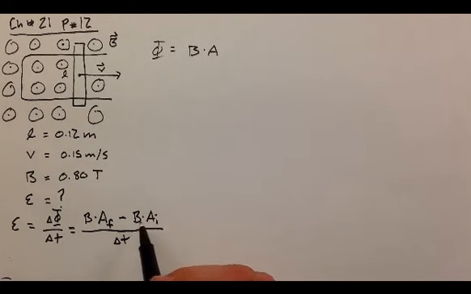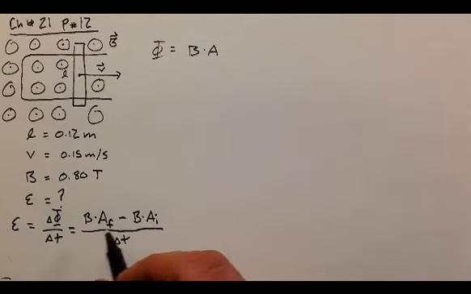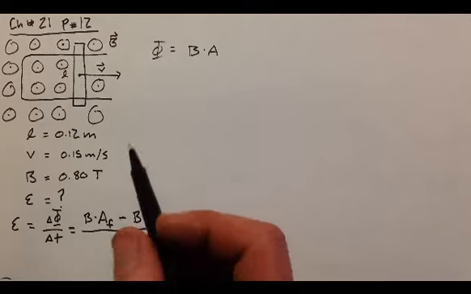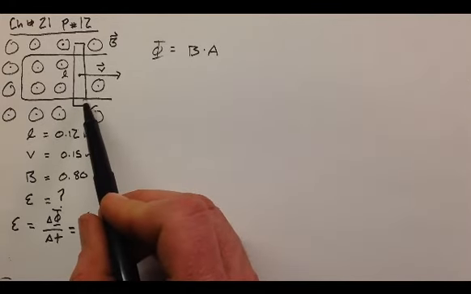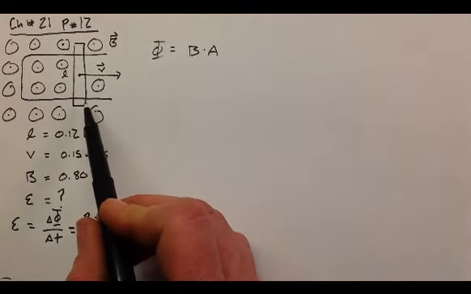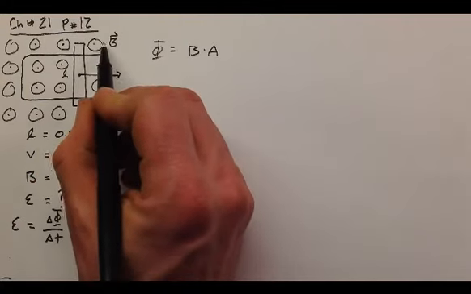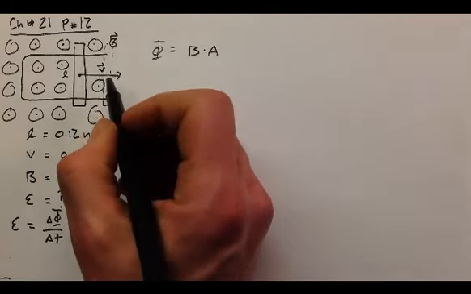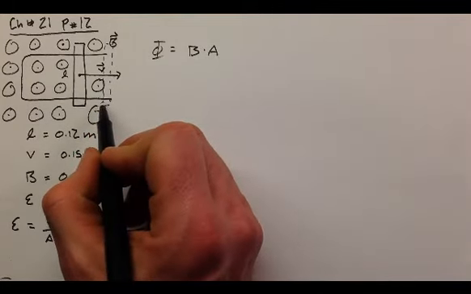The magnetic field itself is constant, but the area is changing. How much is it changing by? As this bar moves to the right, at some time later, say delta t later, the bar is going to be over here.